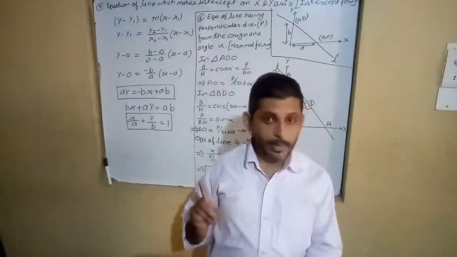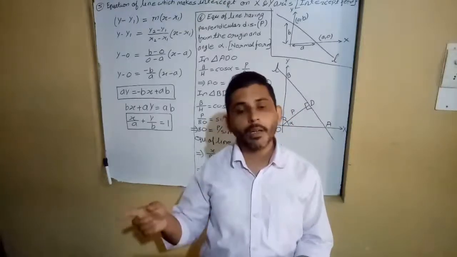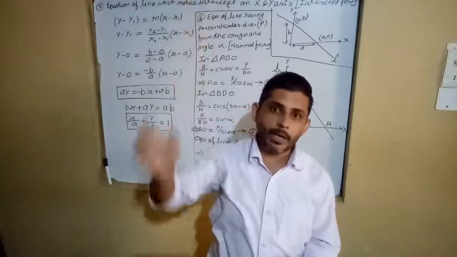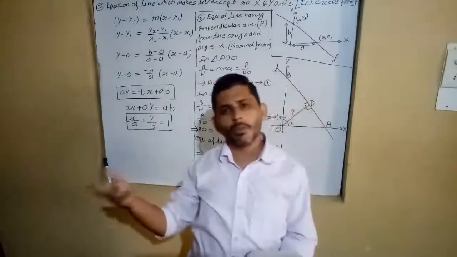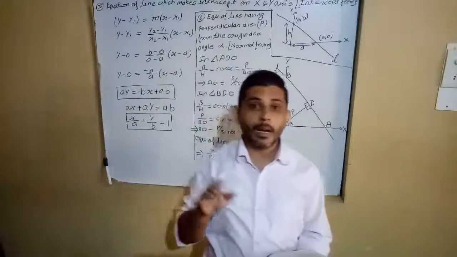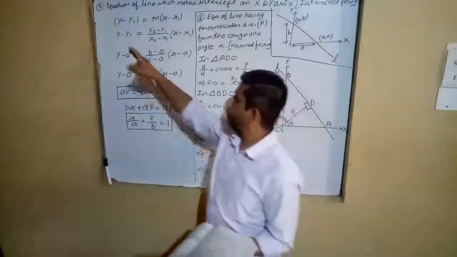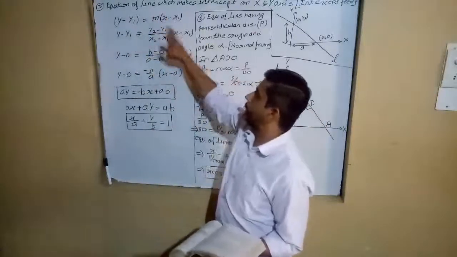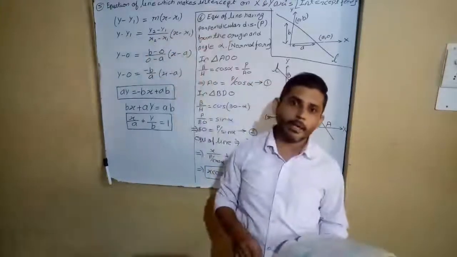The first form is the horizontal line, y is equal to a, and the equation of a vertical line is x is equal to a. Then a line which passes through 2 points: the formula is y minus y1 is equal to m into x minus x1, where m is equal to y2 minus y1 upon x2 minus x1.